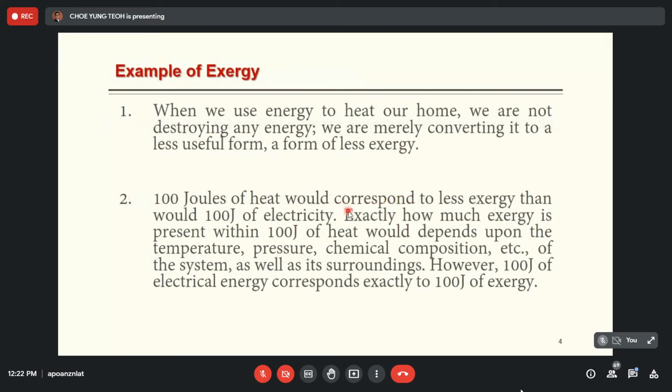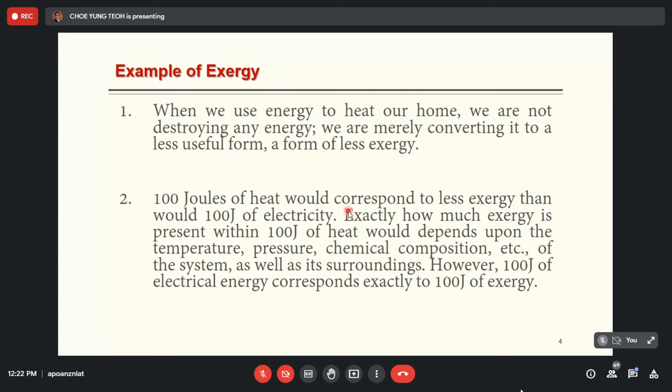Let's look at an example of Exergy. When you use energy to heat our home, we are not destroying any energy. We are mostly converting it into a less useful form, with less Exergy. As I explained just now, electricity is very good Exergy, but heat has much less Exergy, although the energy amount is the same.